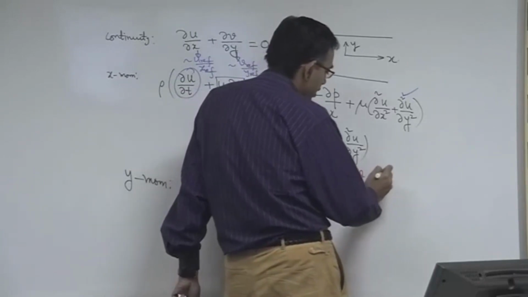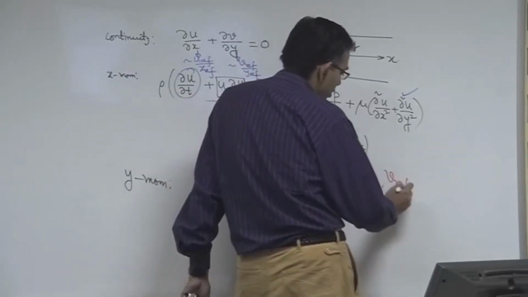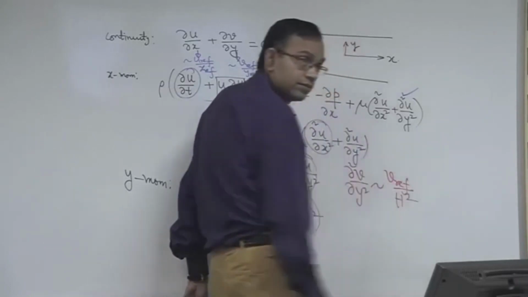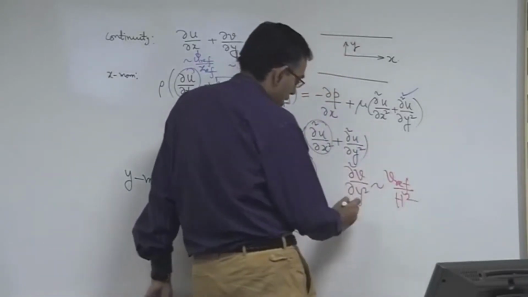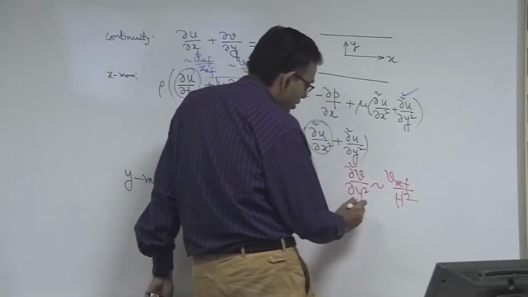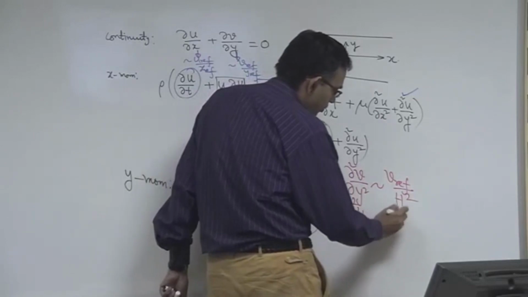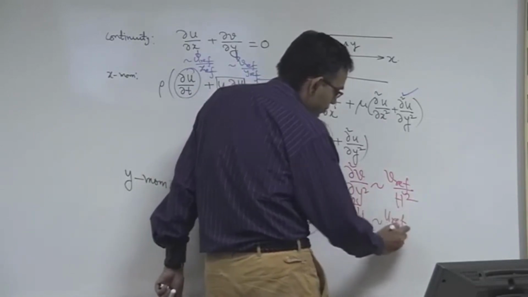This is of the order of v reference by h square, and the order of del square u del y square is of the order of u reference by h square.